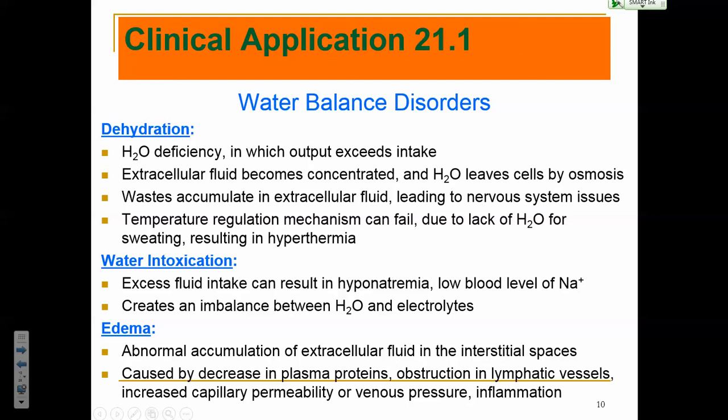It makes it more hypotonic than it's supposed to be, and so that affects that movement of water. And so your book talks about that some. And then edema. We've talked about edema in the past, and that's a fluid issue in the body. It affects your water levels. So, but again, I'm not going to test you on these, okay?